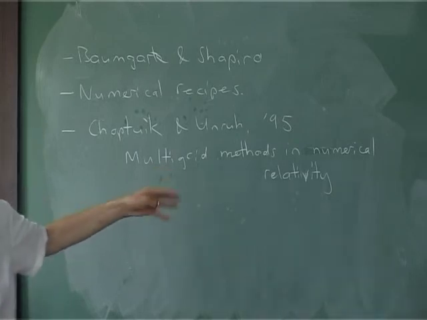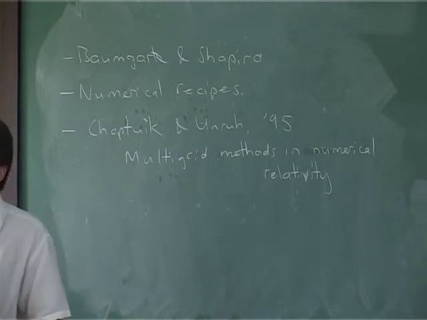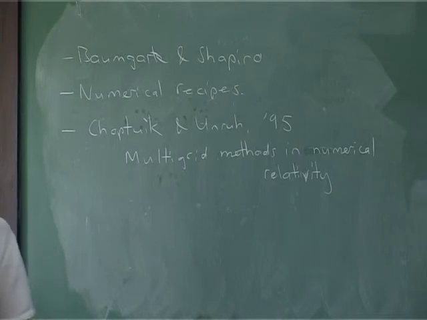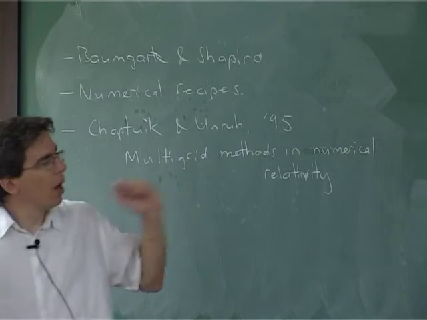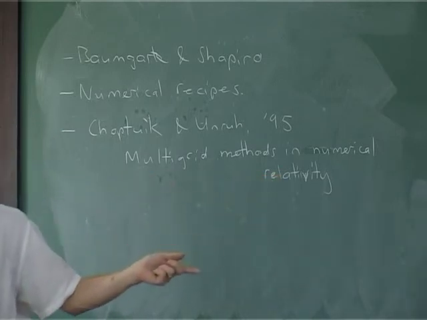This is a very nice pedagogical treatment of the multigrid method, which is quite a sophisticated method for solving elliptic equations. It also talks about the successive over-relaxation method that I mentioned very briefly in one lecture, and it goes through a simple one-dimensional problem to illustrate both methods and how they compare. Then it goes through the solution of the Hamiltonian constraint for a spinning Bowen-York black hole.